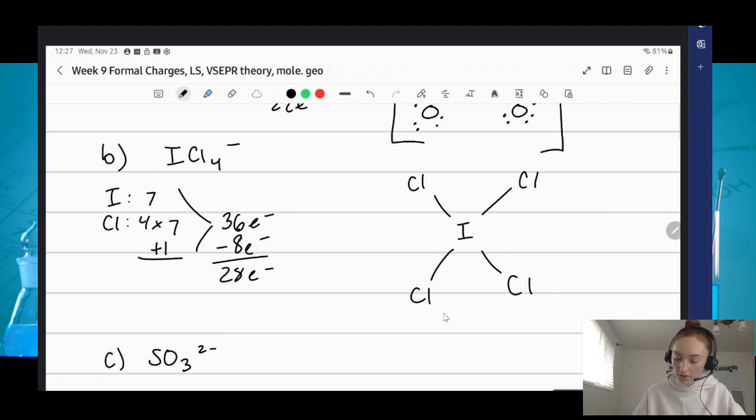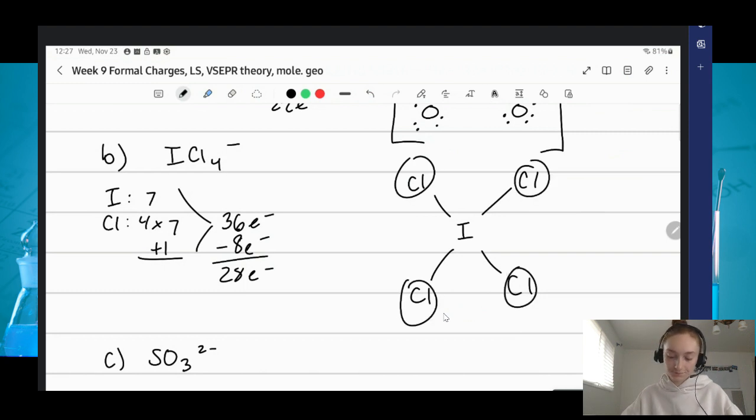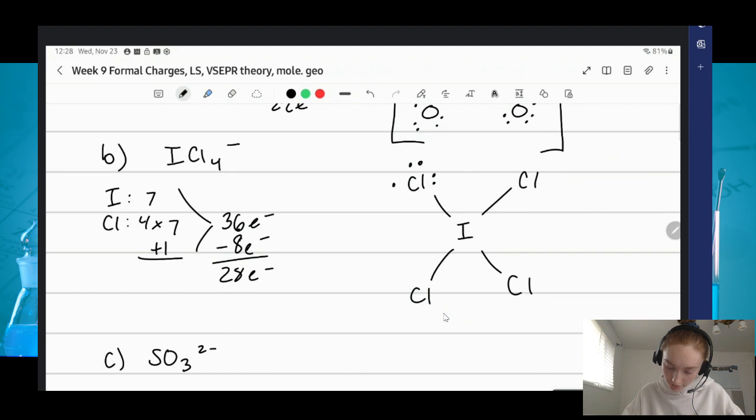And so distributing amongst everything, chlorine will need 6 each. And so 6 times 4 is 24. So let's put down those 24 first.